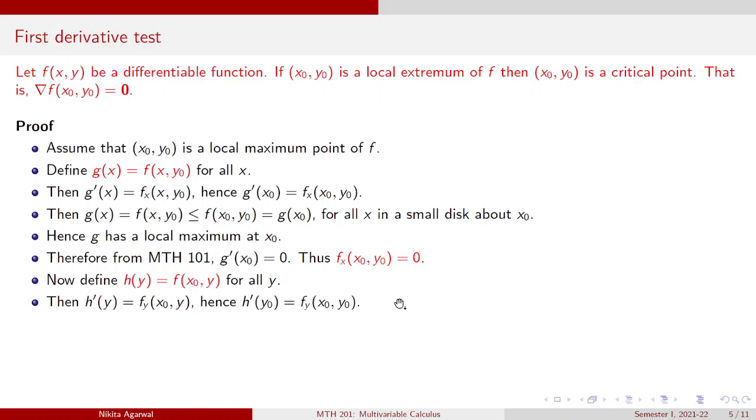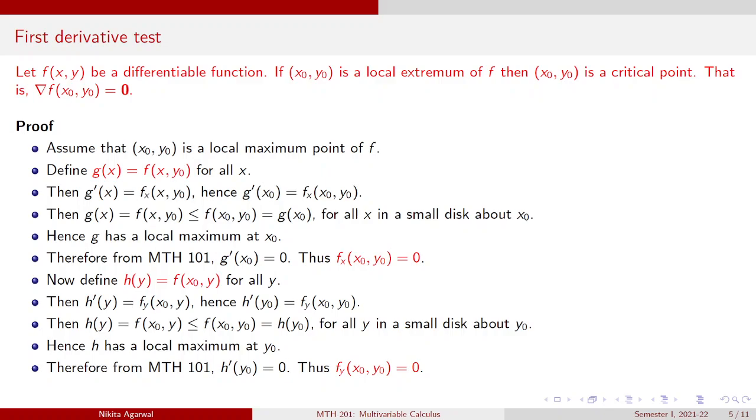I'll not go into the details, but you can have a look. This function will give you that f_y at (x0, y0) is 0, and therefore both the partials are 0 and therefore the gradient is 0. So it is a critical point.